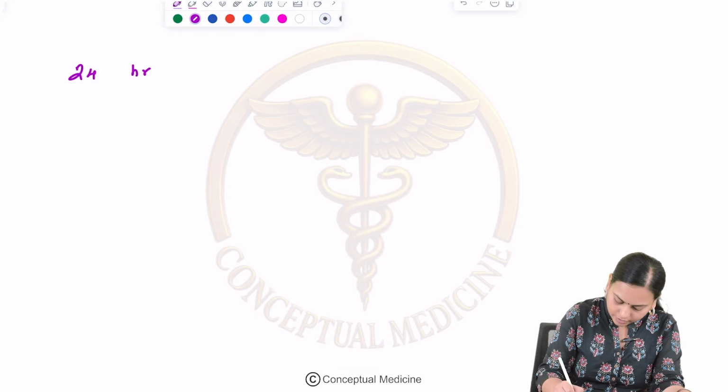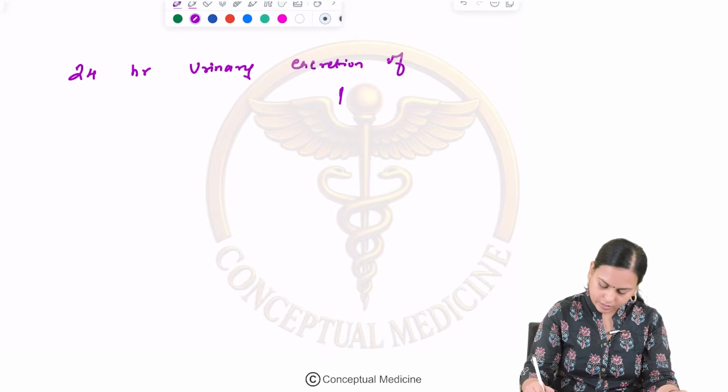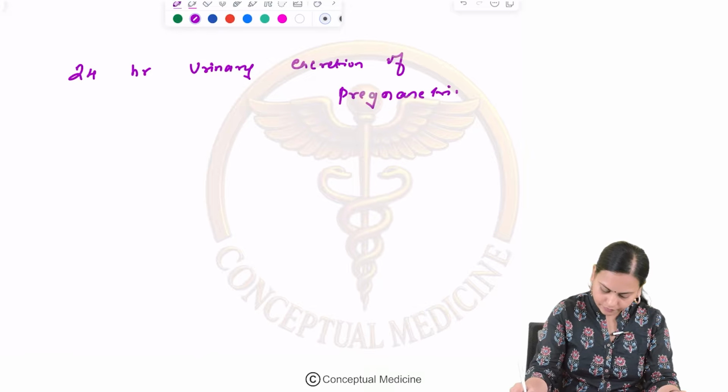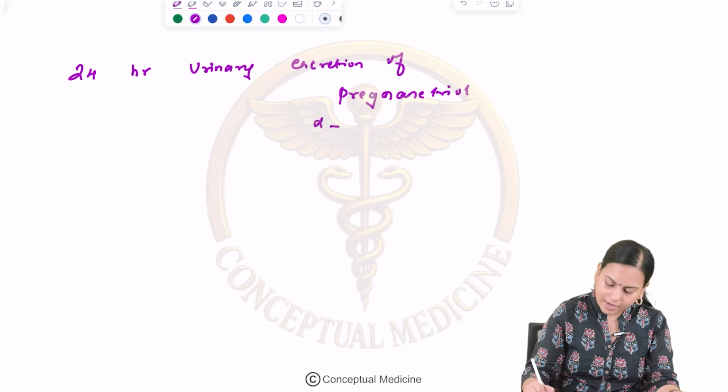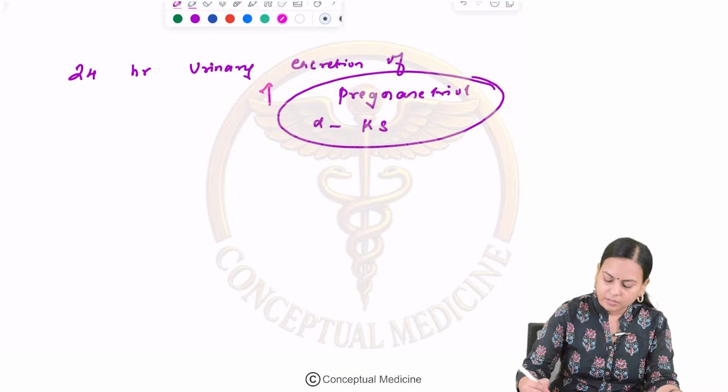So, 24-hour urinary excretion of pregnenetriol as well as alpha ketosteroid can also be seen where it will be increased in these conditions. Clear?